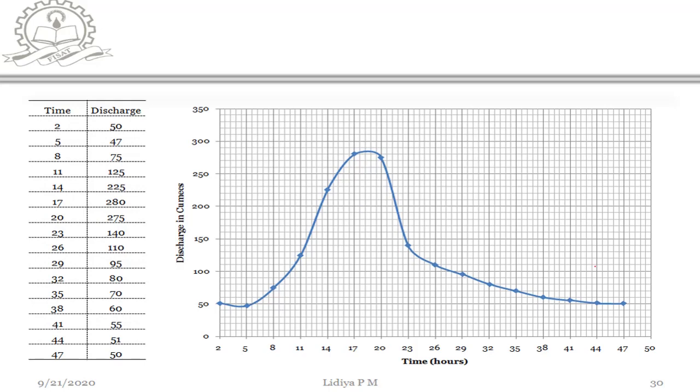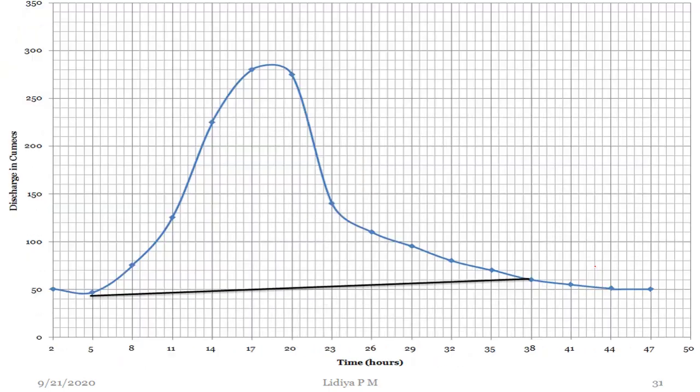Next step, we have to remove the base flow, because a unit hydrograph is a hydrograph of direct runoff. So I am removing the base flow. We have studied different methods to remove the base flow, and using one of them, I have removed it.